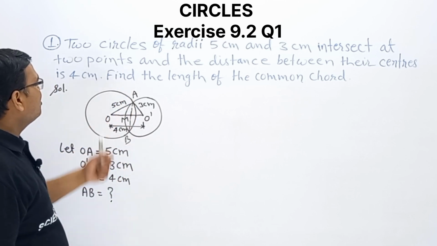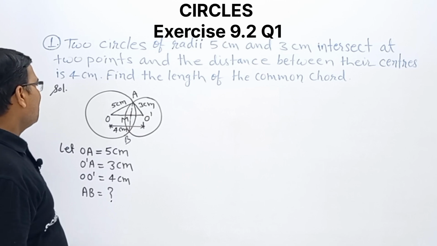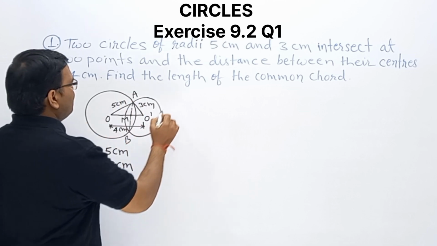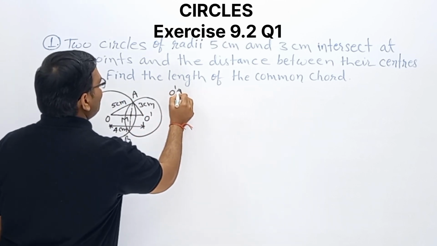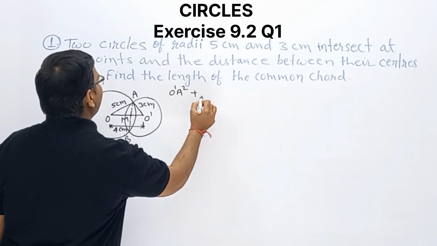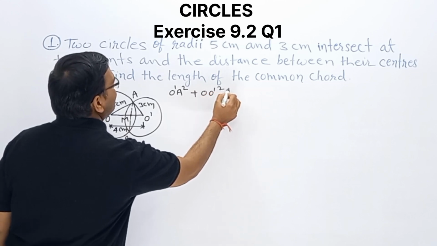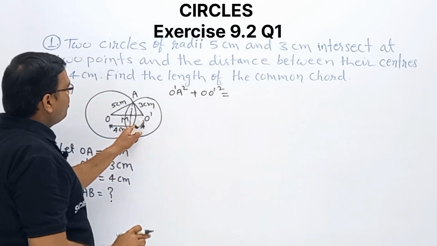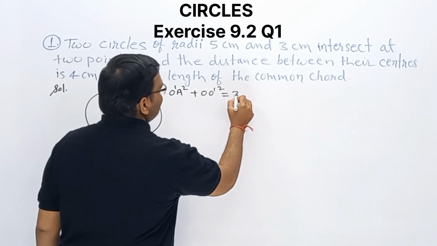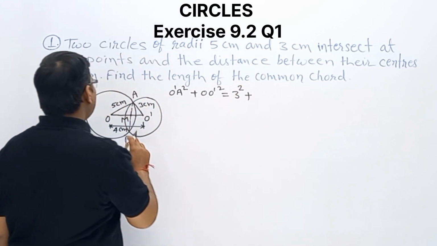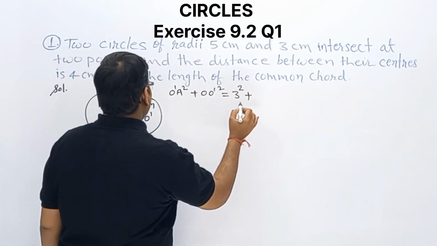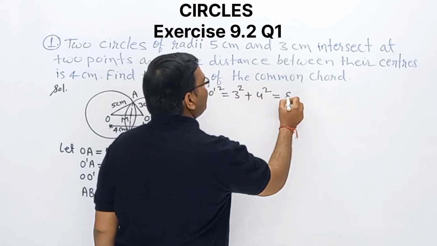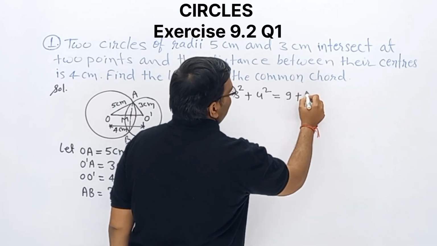Once we observe this triangle, we are getting one relation. O dash A square plus OO dash square equals what? O dash A is 3 centimeter. 3 square plus OO dash, 4 square, equals 9 plus 16.